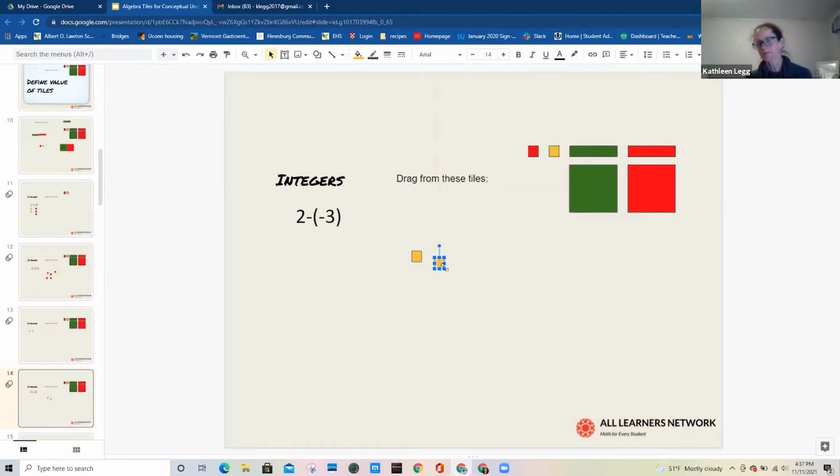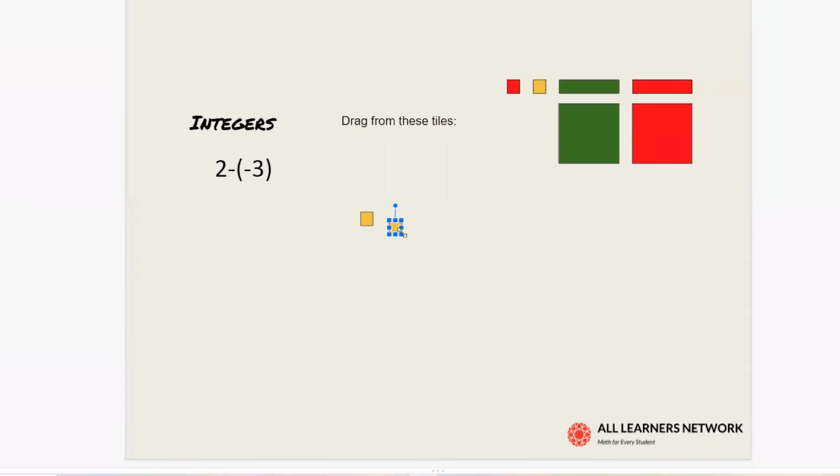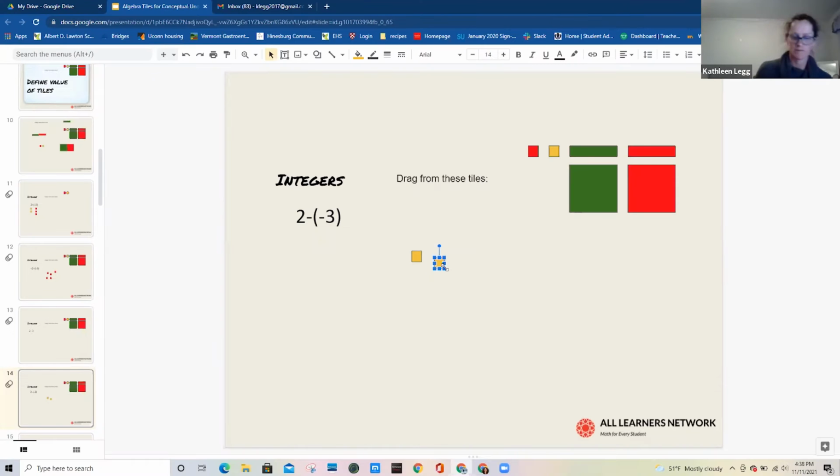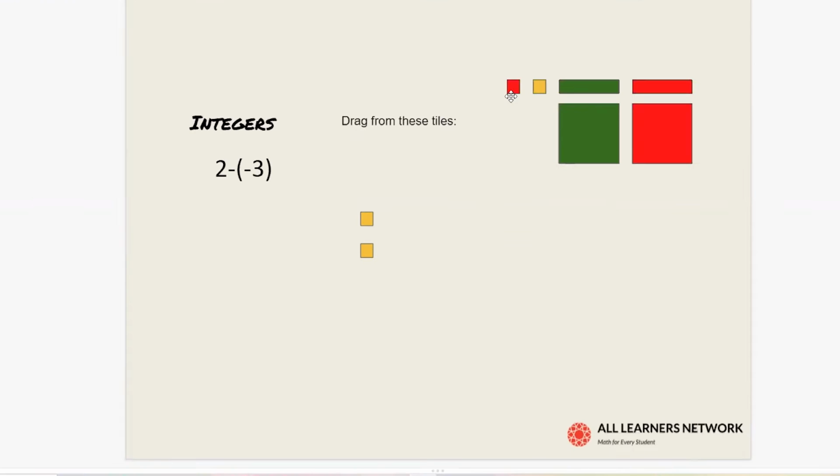Where am I going to get them? By adding some 0 pairs? Try it, see if it works. How many 0 pairs would we need to add? And how would you explain to students why you have to add them as 0 pairs?